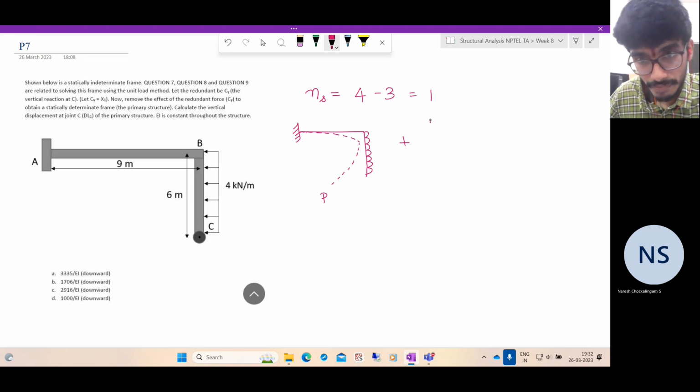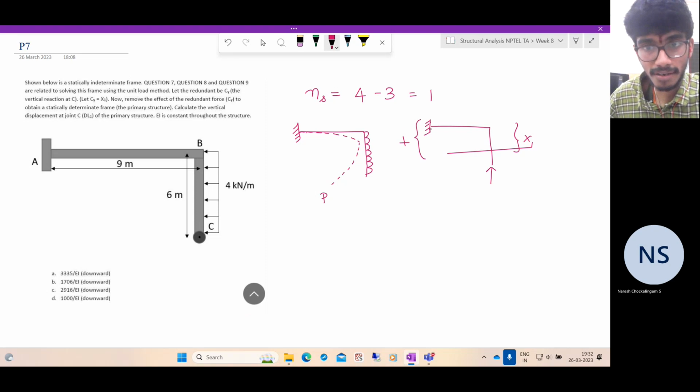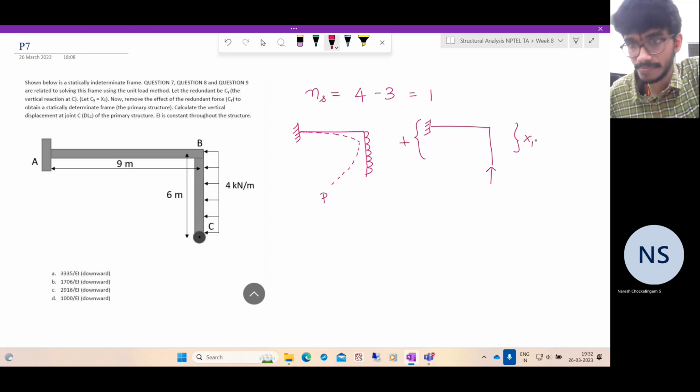Plus the primary structure subjected to the redundant unit force here. So the forces, displacements, stresses, everything can be multiplied by x1, which is nothing but our Cy. So under an applied force, this deforms like this.